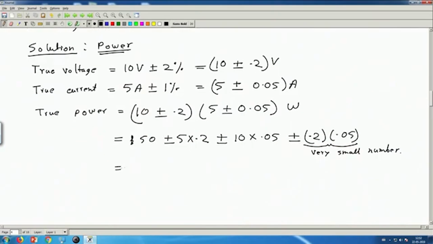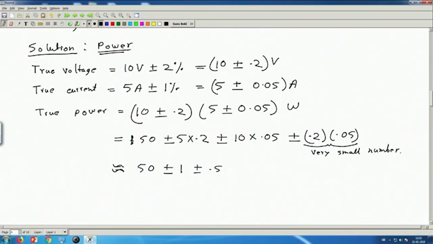Therefore, this is approximately equal to 50, and here plus minus 1, and here 0.5, plus minus 0.5, ignoring this very small term.